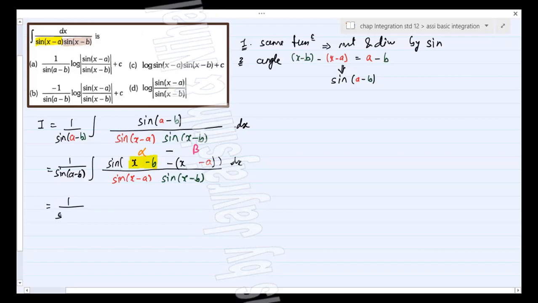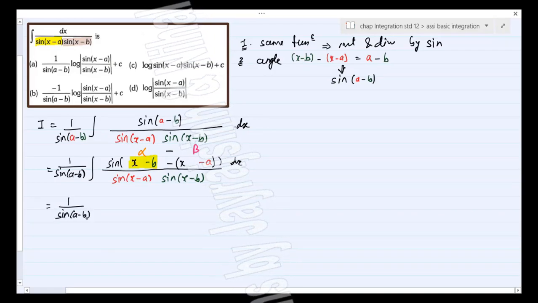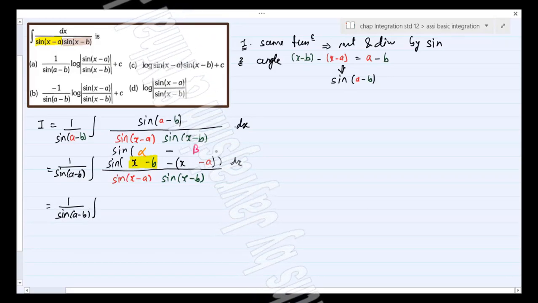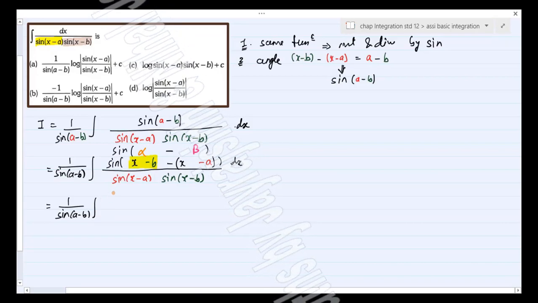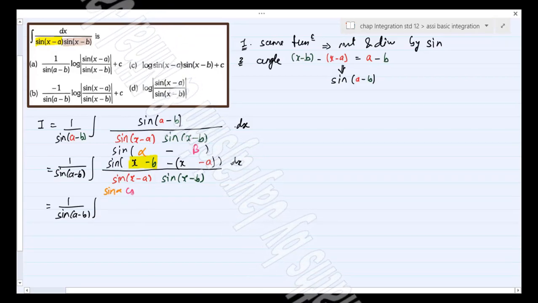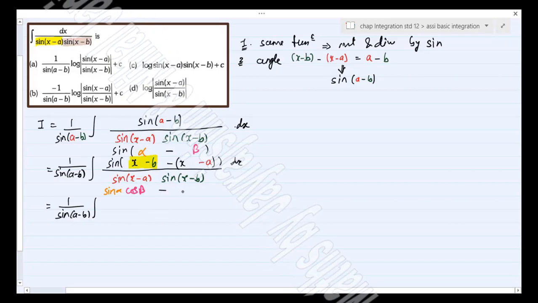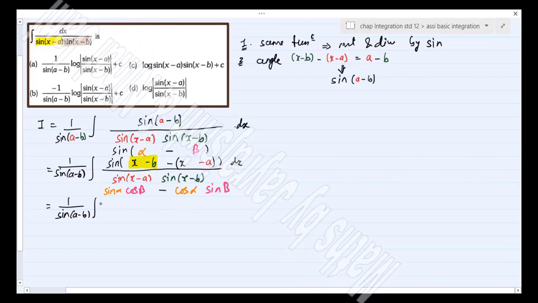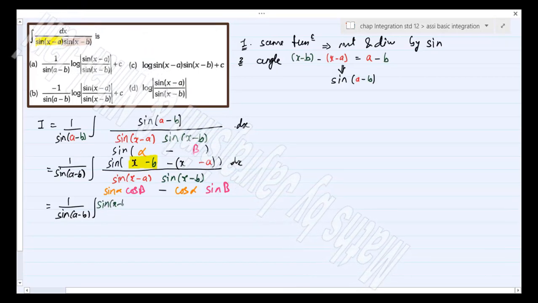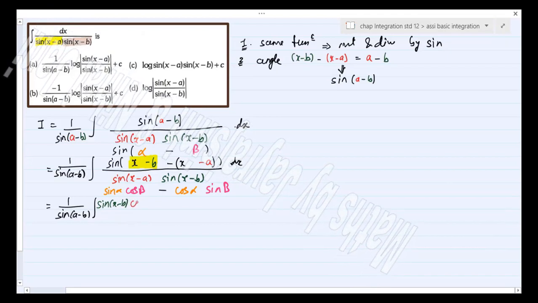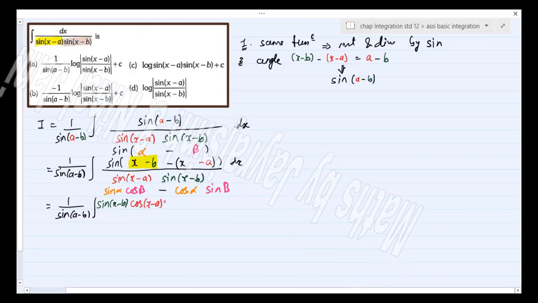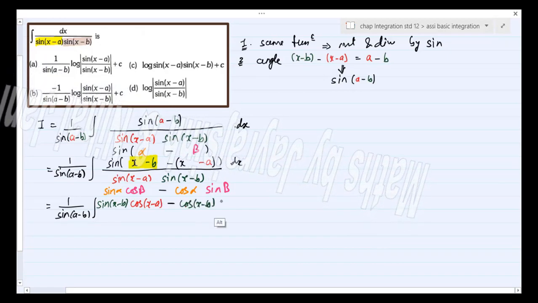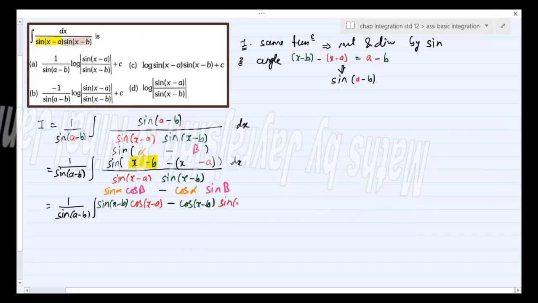Now it's time to simplify our numerator. Let's apply the formula of sine(alpha minus beta), which is sine alpha cos beta minus cos alpha sine beta, or we can say sin(x minus b) cos(x minus a) minus cos(x minus b) sin(x minus a).